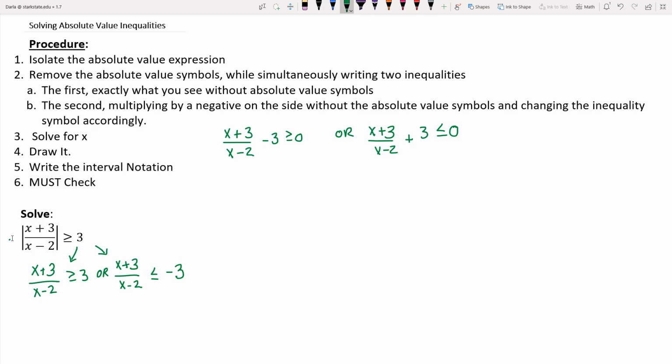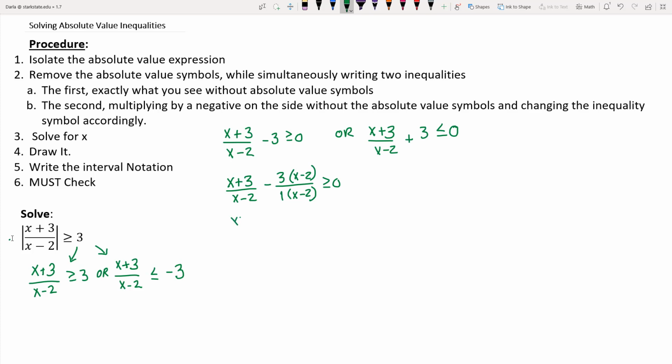Give this first inequality a common denominator of x - 2. So this is (x + 3)/(x - 2) - 3. You can think of 3 over 1 if that helps you, but then give a common denominator of x - 2, which you do to the denominator, do to the numerator, is greater than or equal to 0.